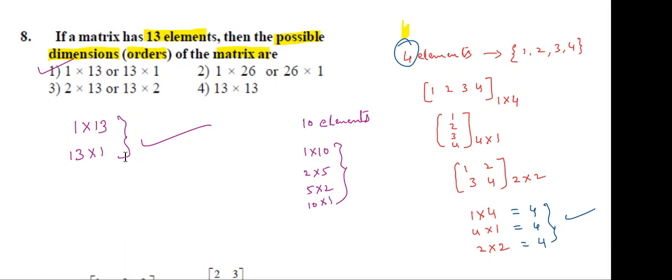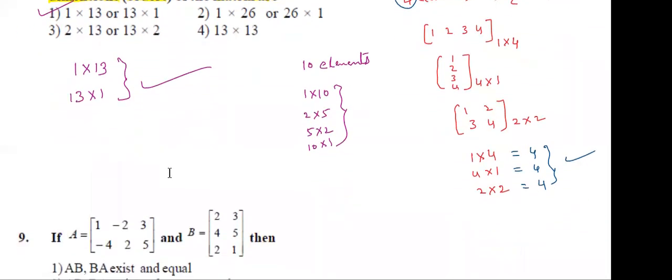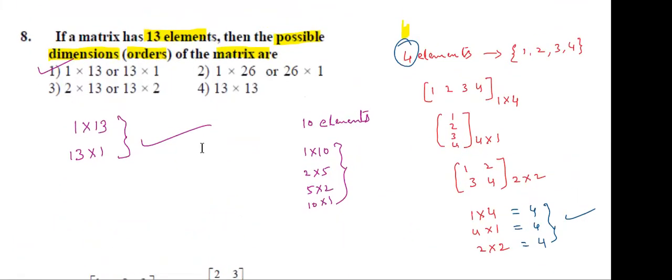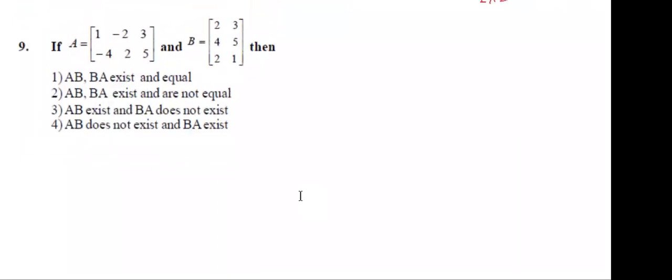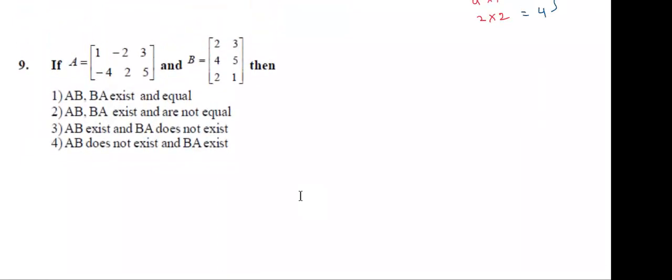So I'm going to the next question, students. See the next question. 9th question. Two matrices are given, A and B. For these two matrices, does multiplication exist or not? If they exist, whether both are equal or not, we need to observe.